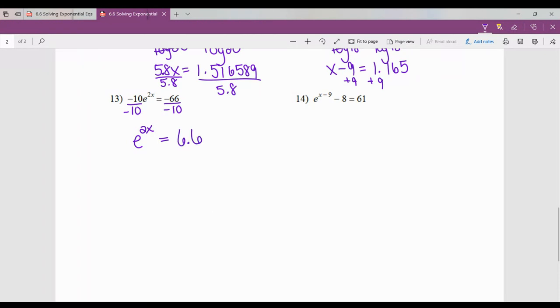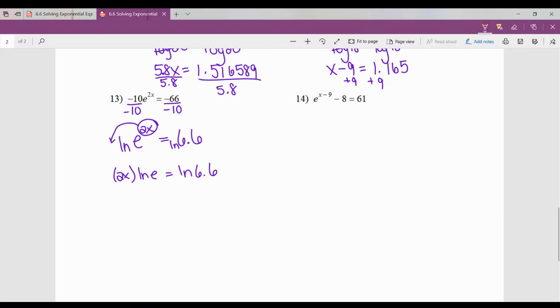And now because it's e, we're going to log both sides, but we're going to use the special log. We're going to use ln, the natural log, and we're going to take that exponent and bring it down in front. So we've got 2x ln e equals ln of 6.6.